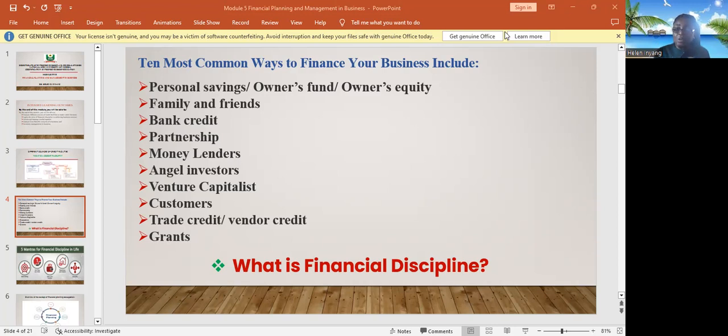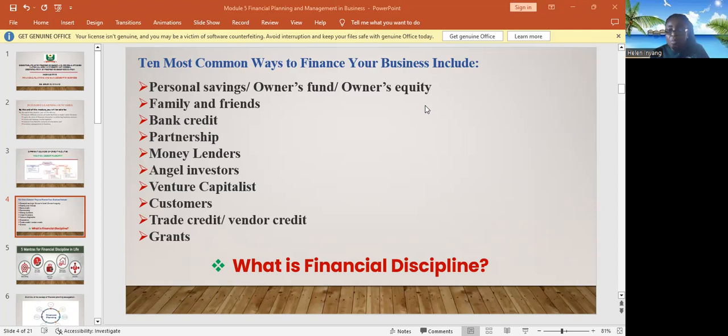Then you can partner with somebody that has the income. The person will give you the money, and then you do your brain work, carry out the production or services, and render them to the people. At the end of it, the profit will be shared according to the agreement made at the initial stage.